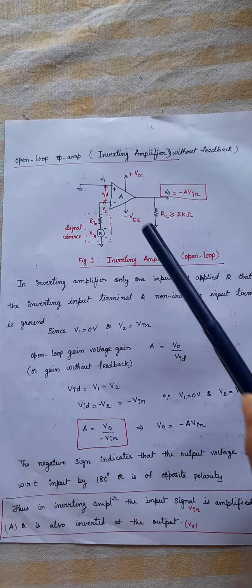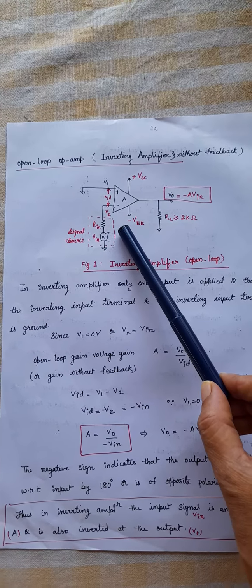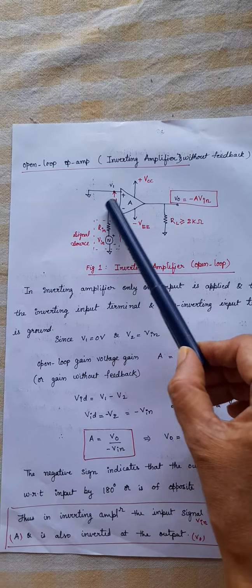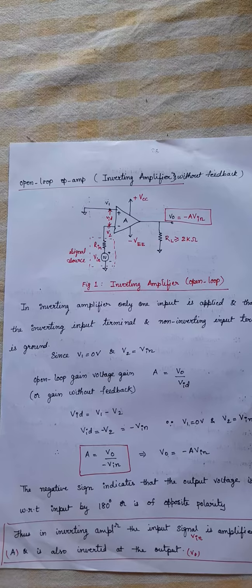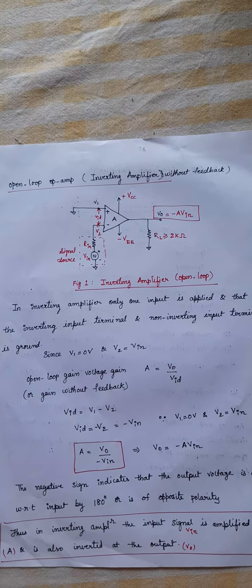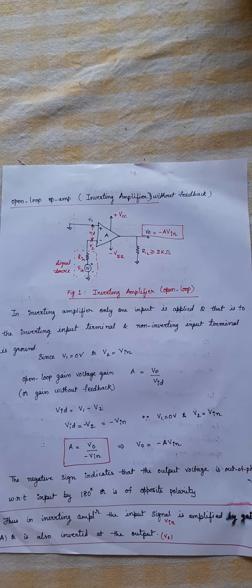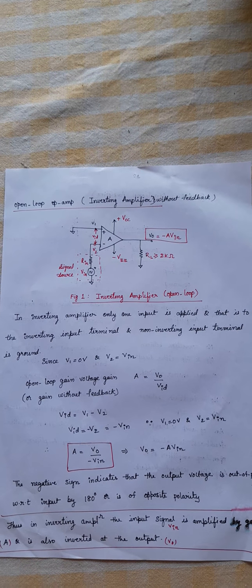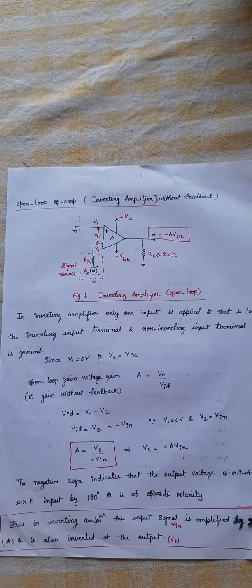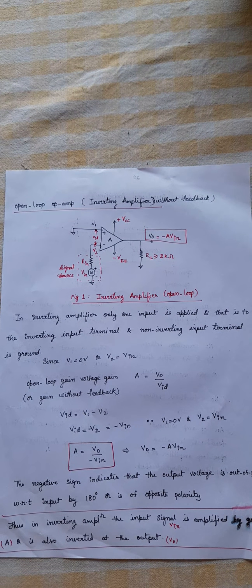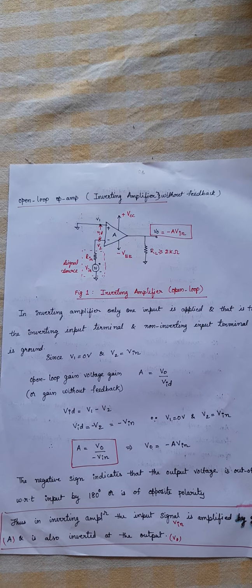Why is this circuit known as inverting amplifier? Because here the input is given to the minus terminal of the op-amp. In an inverting amplifier, only one input signal is applied, that is to inverting input terminal, and non-inverting input terminal is grounded.